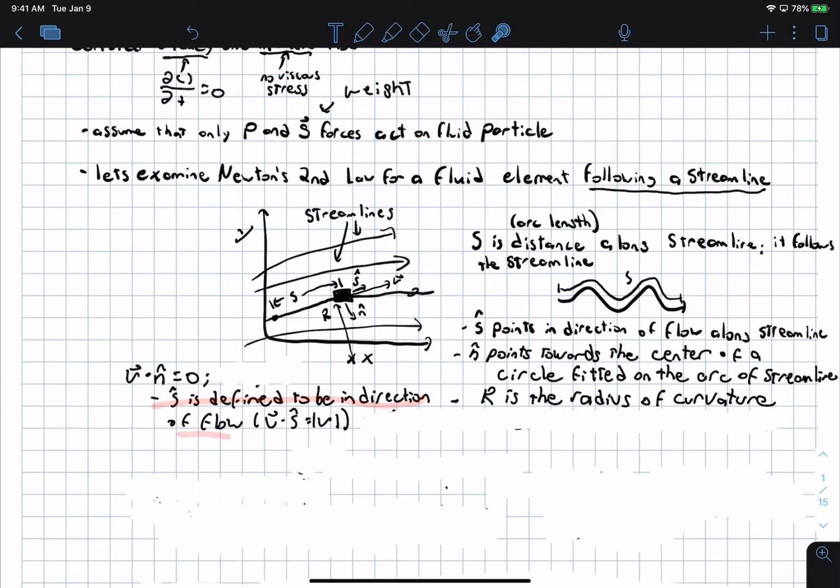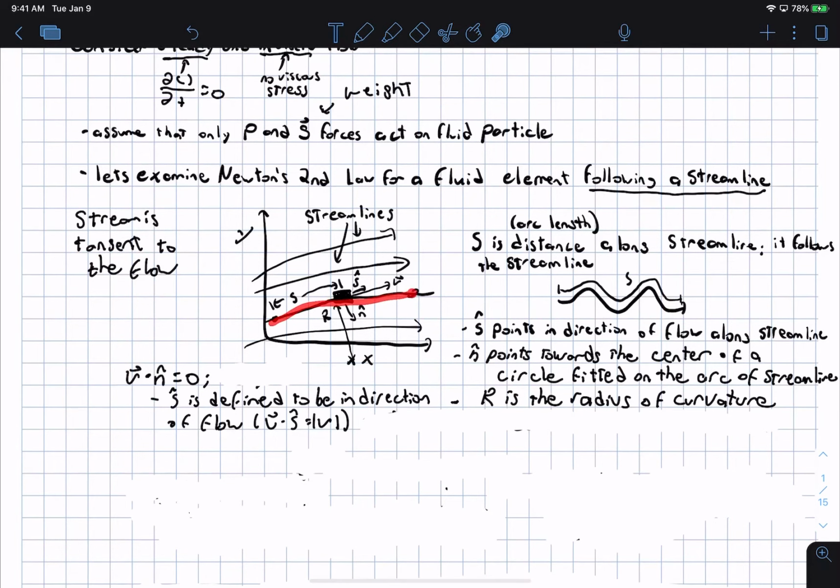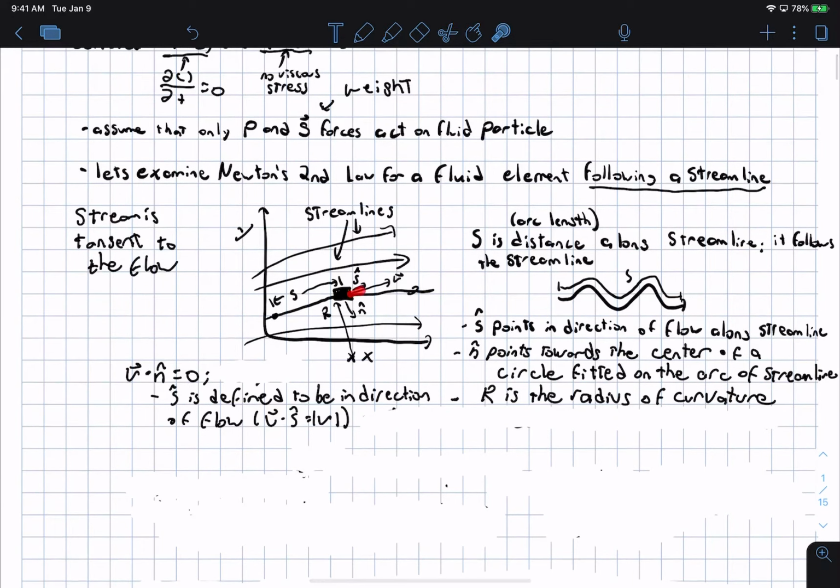Recall that a streamline is tangent to the flow. If the streamline is tangent to the flow, that means it is perfectly following the flow, and there is no component of v in the direction of n, therefore v dot n hat is 0.